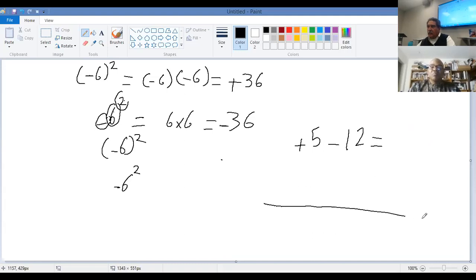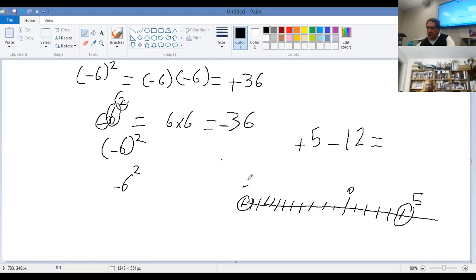If I have the number line, this is 0. Minus 12 would be 1, 2, 3, 4, 5, 6, 7, 8, 9, 10, 11, 12, here. Forgive my drawing. 5 would be 1, 2, 3, 4, 5, here.